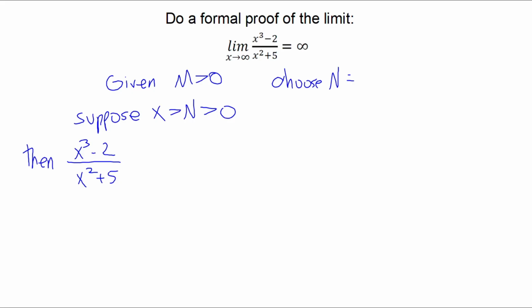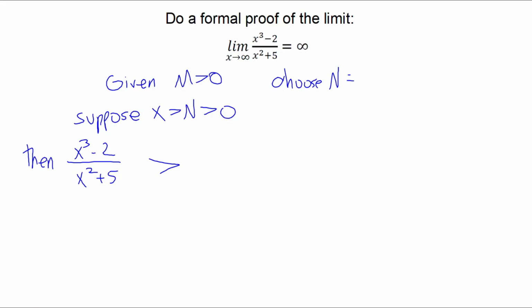And so to start off with, we need to figure out something to start to clear off the values of x somehow, or to clear off the constants so that we can then cancel out some x's. So the first thing that we're going to do with this one is think about where we want the x's to be. We want the x's to end up in our numerator, because we need inequalities that say greater than, and the relationship between x and n is x is greater than n.